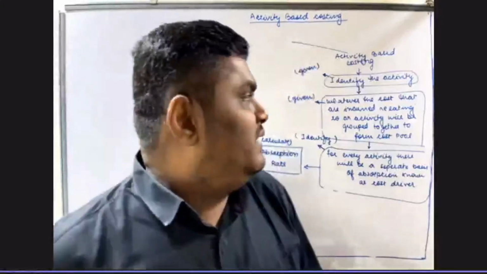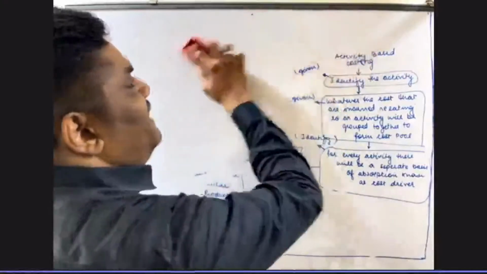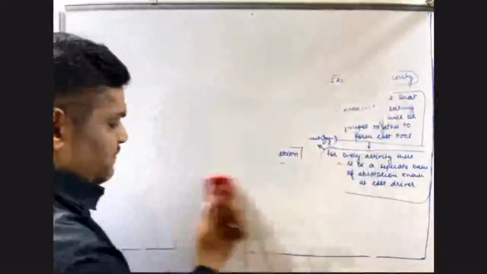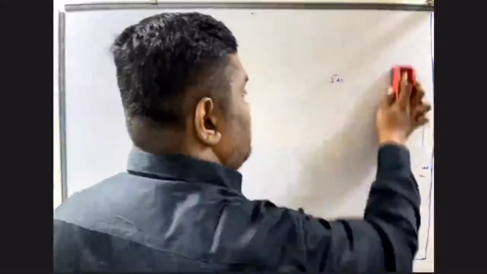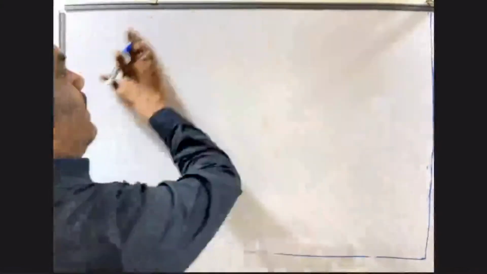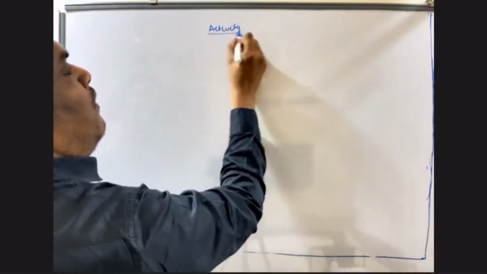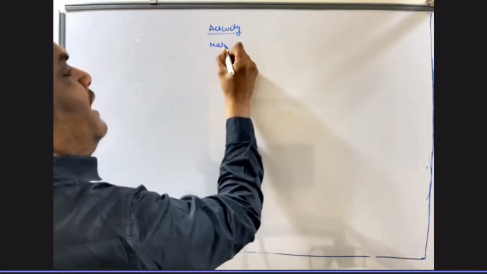Starting with the practical question, let me discuss a few points on what all activities can be and what all are the cost drivers. Let's say material procurement can be an activity.